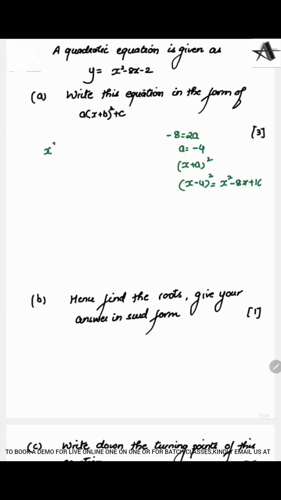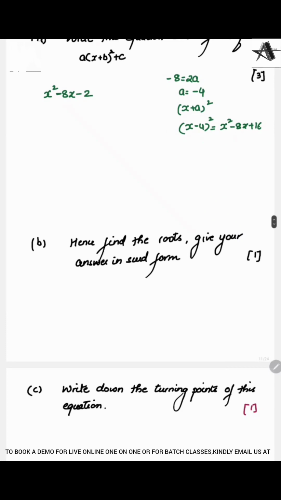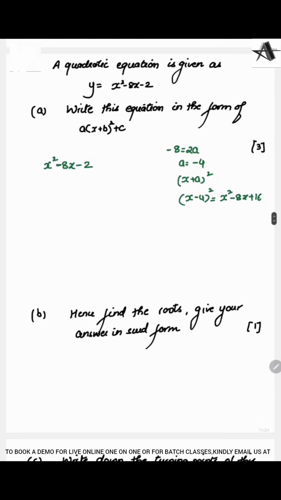Write down your original equation, which is x squared minus 8x minus 2. Ultimately what we are doing here, we are just writing the original equation and adding or subtracting whatever we want.